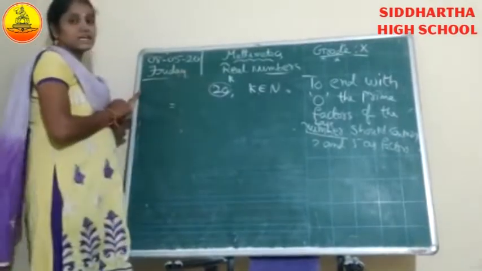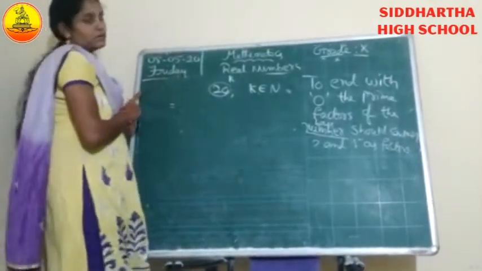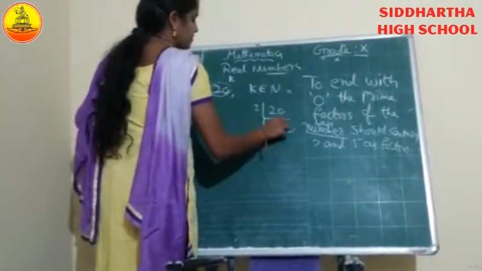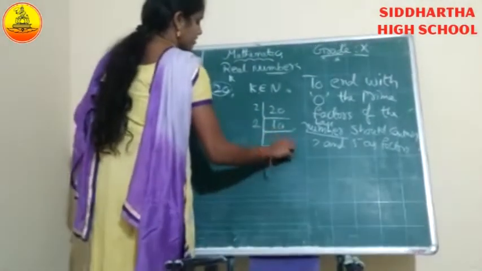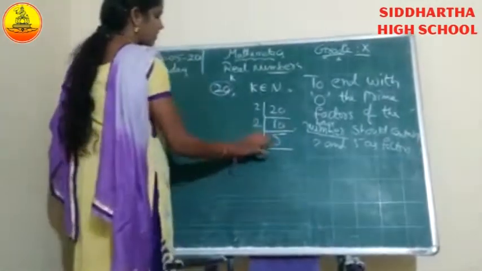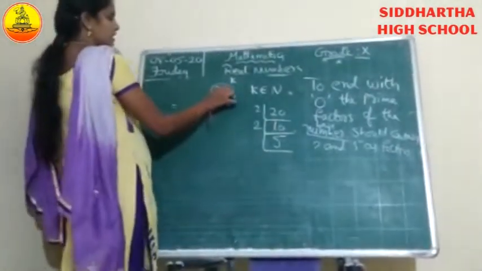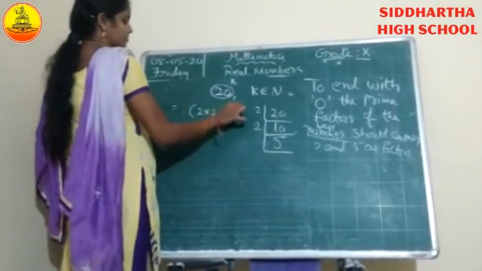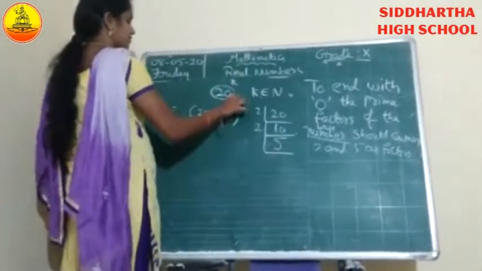The base is 20. 2 tens are 20, 2 fives are 10, and 5 is a prime number. So 20 can be written as (2 into 2 into 5) whole power k.